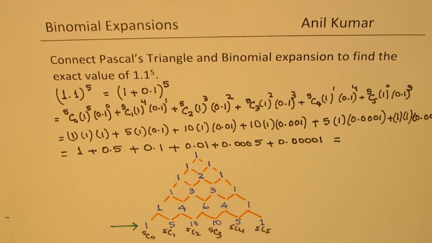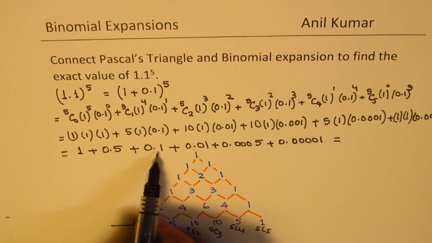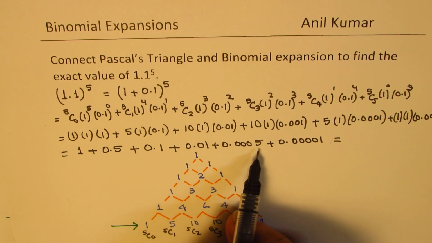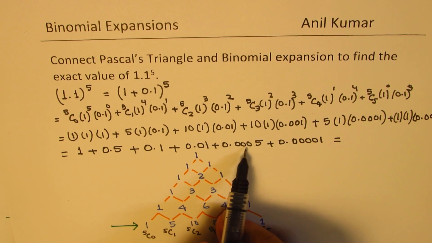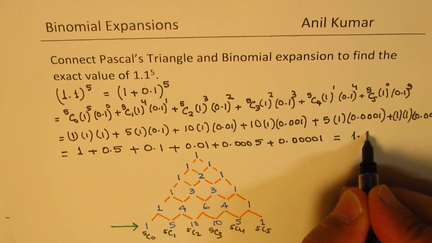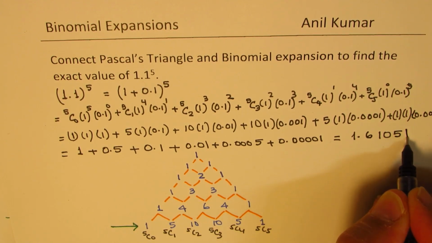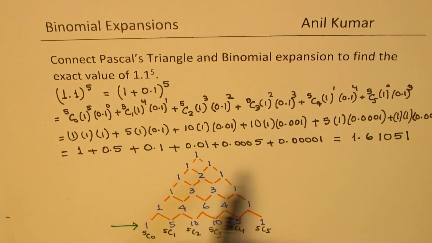So when you add them up, what do you get? After one decimal place it is 6, then 1, then 0, then 5, and then 1. So we get 1.61051.